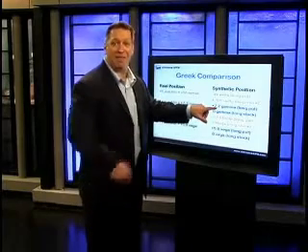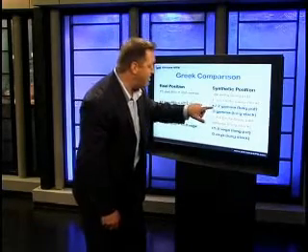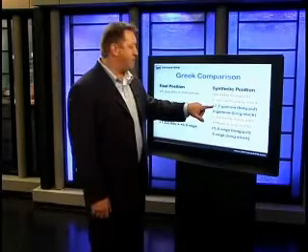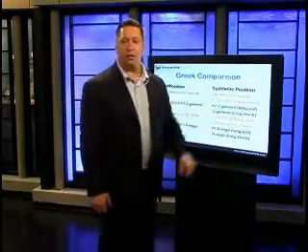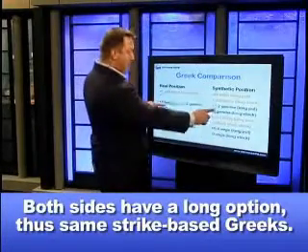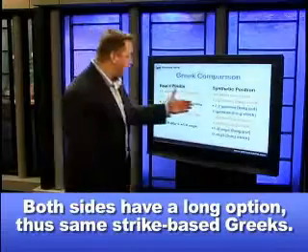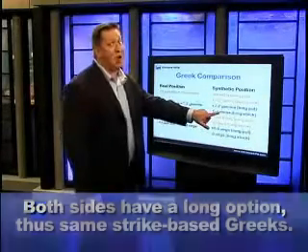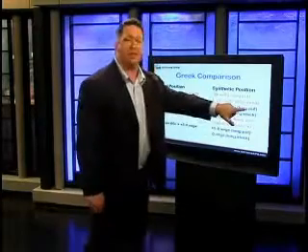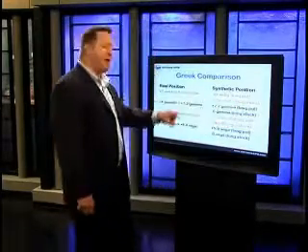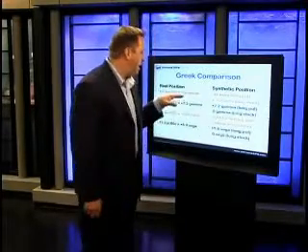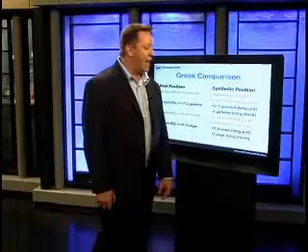It even has the same plus or minus sign, doesn't it? This is also a long gamma position. Why? Because we're long the put. Both sides have a long option that has the same gamma. Thus, their gammas are equal. Stock has no gamma, so the entire gamma of this position lies in this long corresponding put. Both positions have the same long 7.2 gamma.